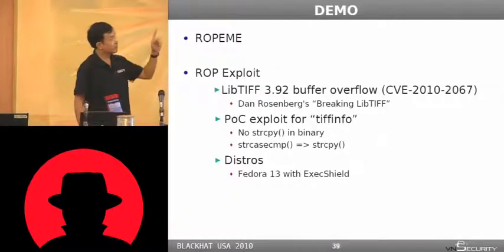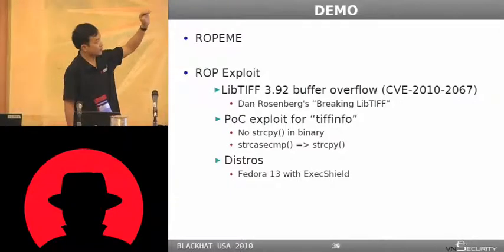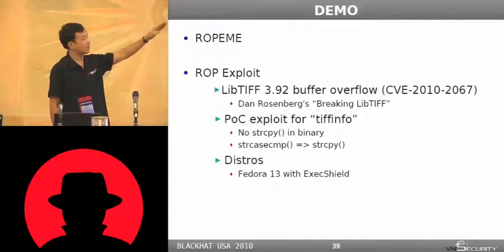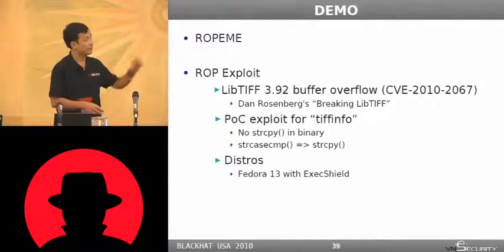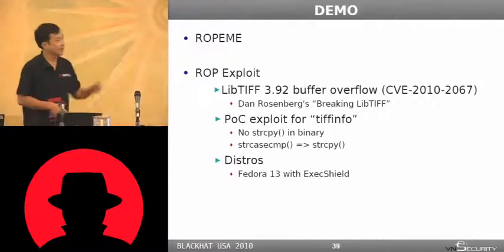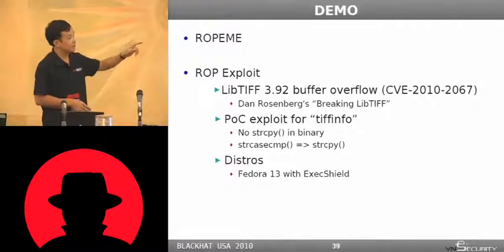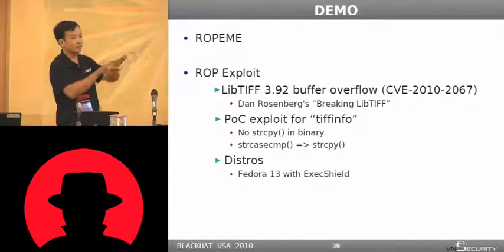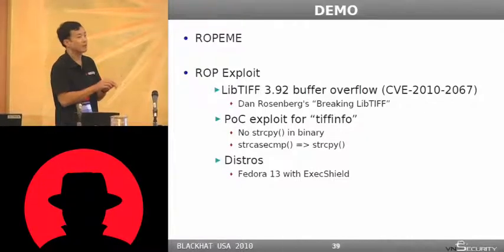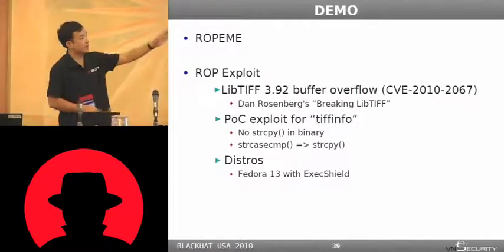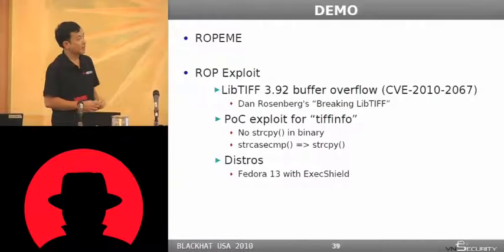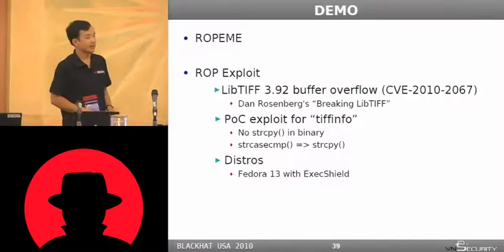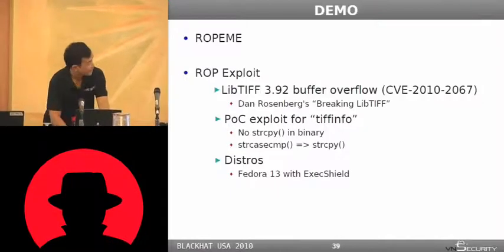First is a demo for the ROP tool, and the second is a real-world exploit, a tcpdump buffer overflow. The exploit will be performed on Fedora 13 with ASLR enabled and ECE. There will be no string copy in the binary, and we will turn the string compare into a string copy. Let's see.